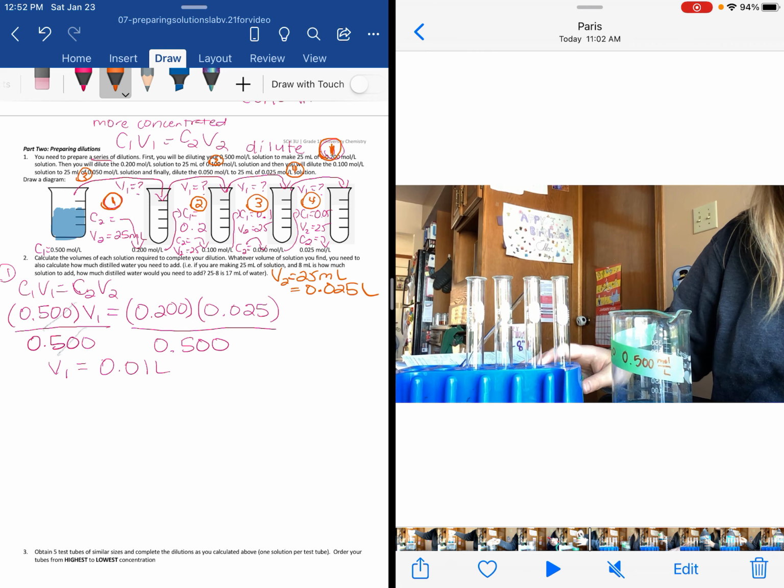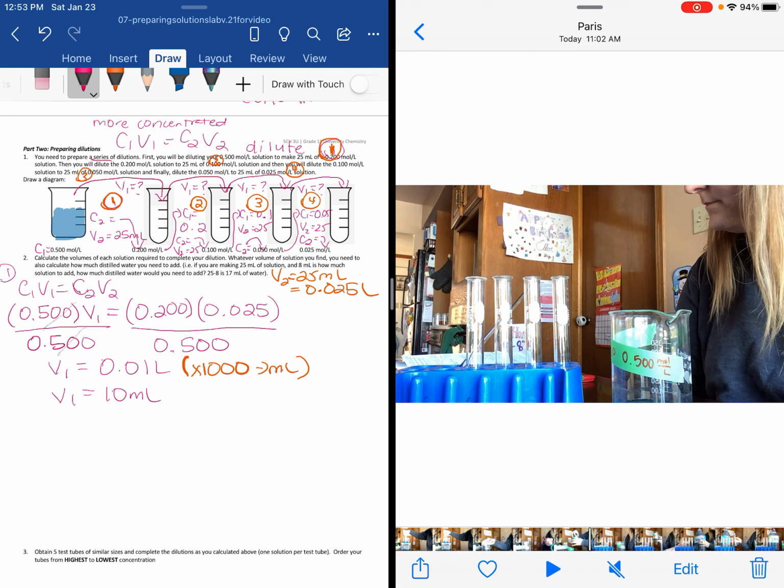If this was a paper pencil task at the test, you could just leave it like this. But because we're going to actually do this, you want to multiply by 1,000 to get it back to milliliters. So we would take 10 milliliters of the first solution and make our new solution.